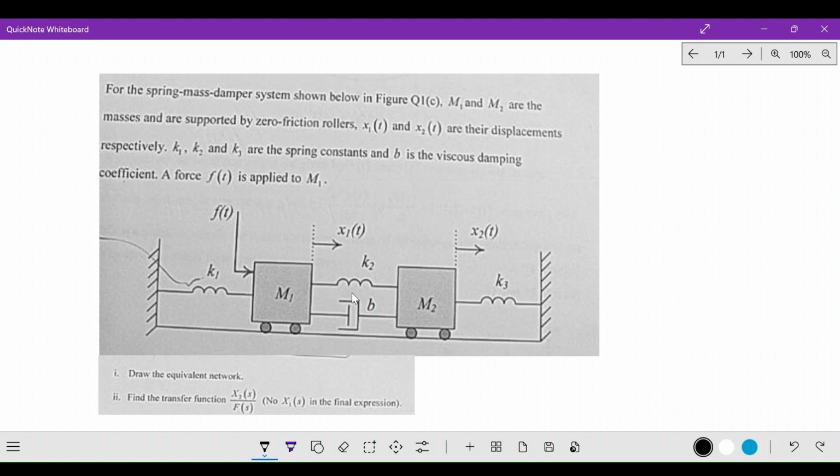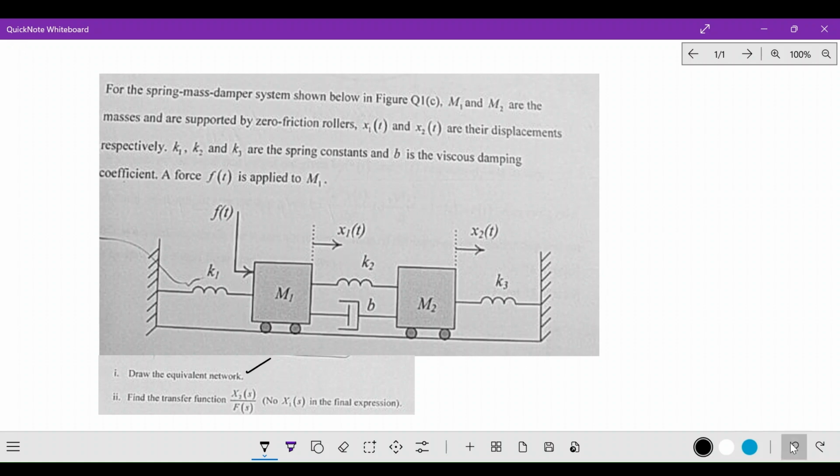So we have a damper here with a viscous damping coefficient of B. And we have a force F of t which is applied to mass 1. So the force F of t is applied to M1. The first part of the problem says draw the equivalent network, so we have to draw the equivalent mechanical network of this mechanical system.